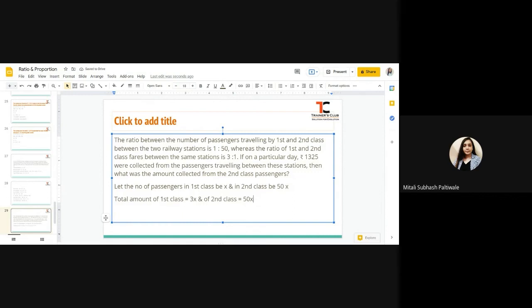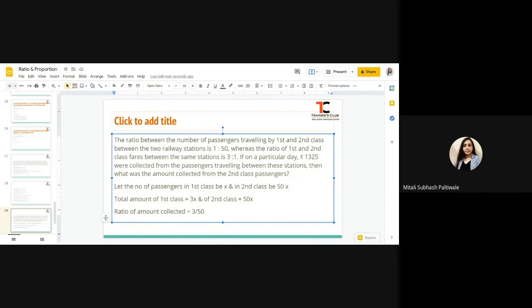Now the ratio of amount is not given, so it will become 3 by 50. So amount collected will be 3 by 50.